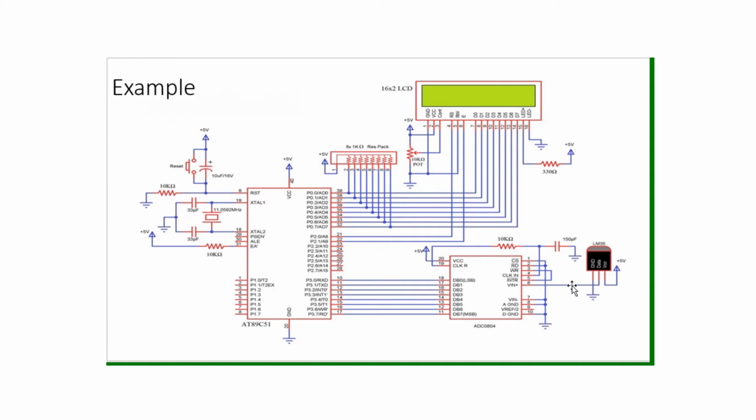This analog voltage is converted to digital by your ADC. That digital data is further fed to your microcontroller.